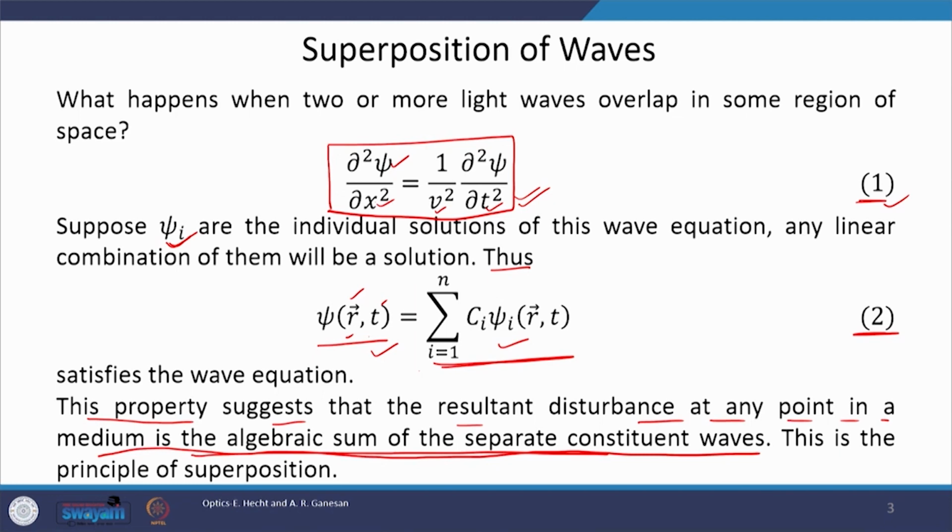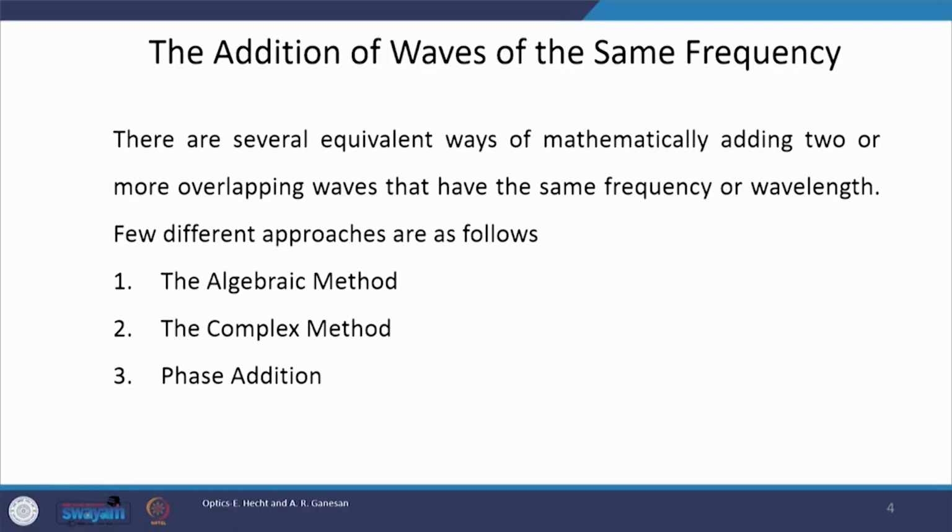Now we will exercise this superposition principle and see how the resultant would look. To address this problem mathematically, several equivalent ways have been proposed, because this problem is nothing but addition of waves.